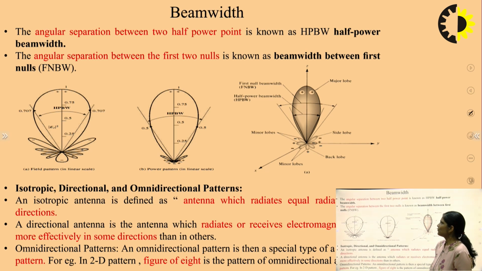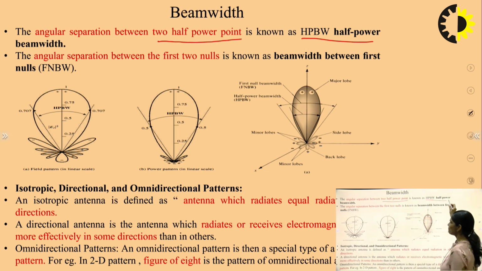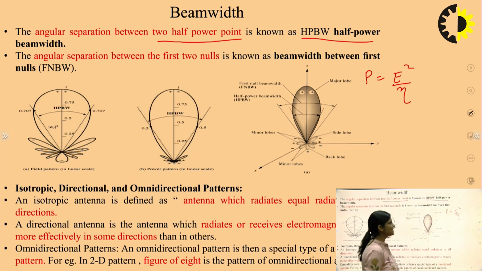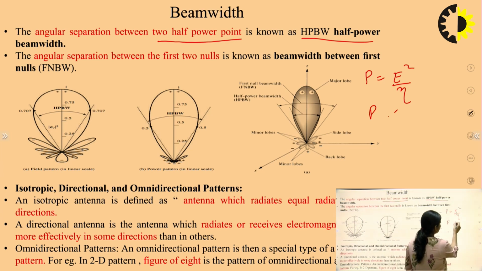The angular separation between two half power points is known as half power beam width. So how can we calculate half power beam width? As you all know, P is equal to E square upon eta. You all know this formula: power is equal to electric field intensity square upon impedance. Now here, P is directly proportional to E square.